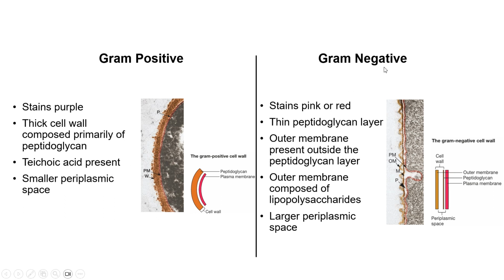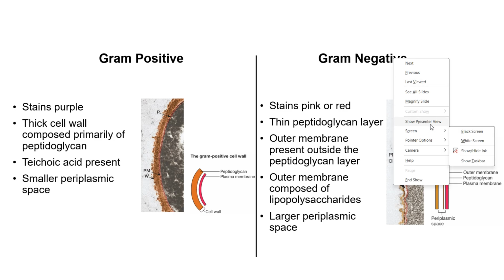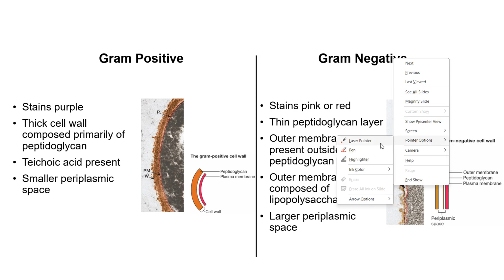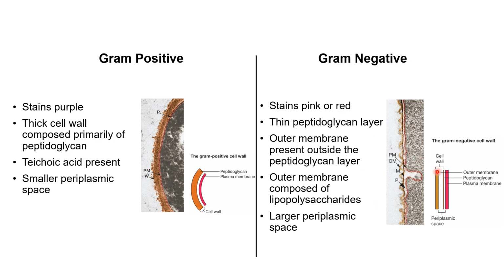Now, if you see the structure of a gram-negative bacteria, first there is the plasma membrane, and outside it there is the thin peptidoglycan layer. Then there is the periplasmic space, and outside the peptidoglycan layer there is the outer membrane.